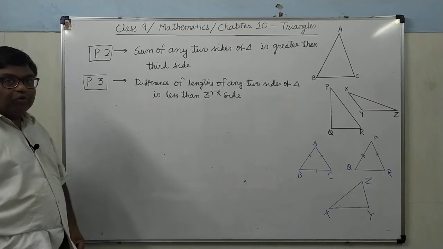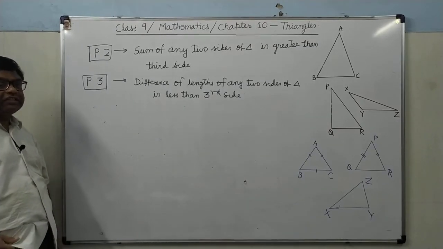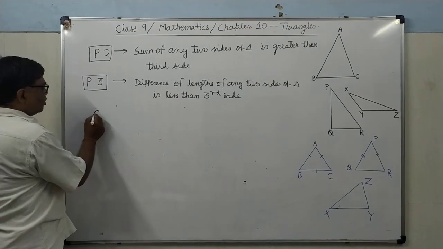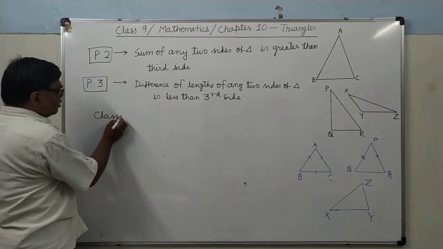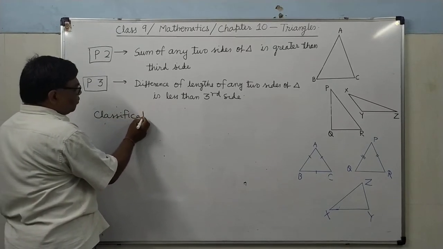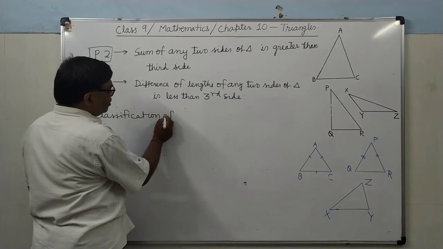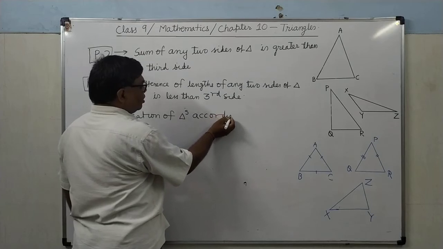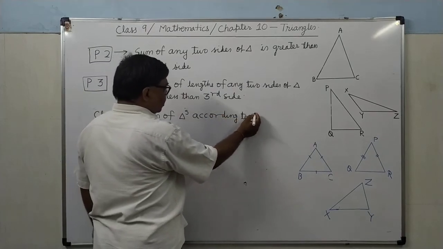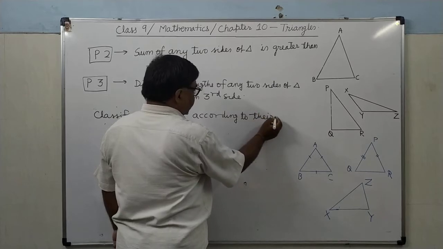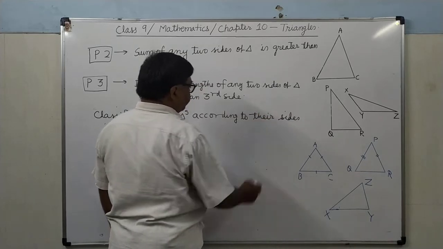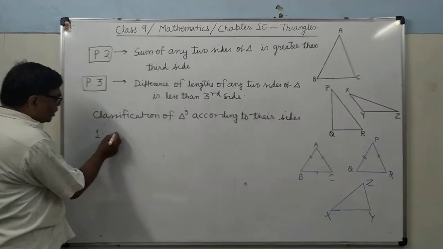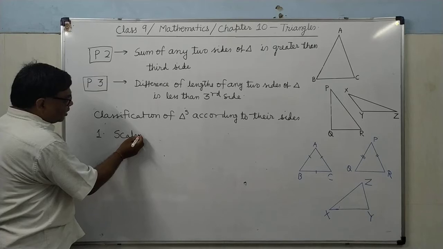Today I am going to explain to you the classification of triangles according to their sides. As we know, a triangle has how many sides? Three sides. So see here, one is the scalene triangle.